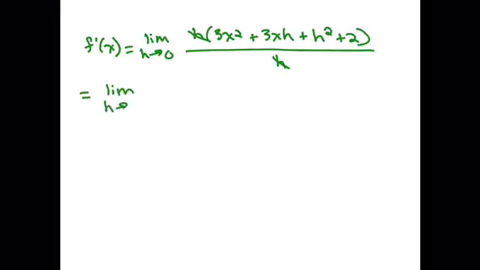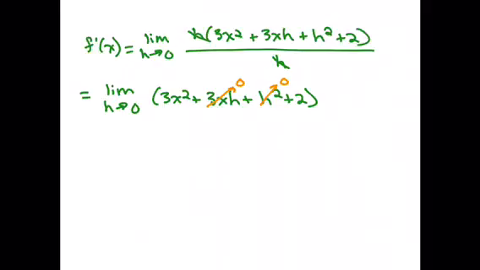And we're left with the limit as h goes to 0 of 3x squared plus 3xh plus h squared plus 2. And when we substitute in h equals 0, this term goes to 0 and this term goes to 0. And we're left with the derivative is equal to 3x squared plus 2.